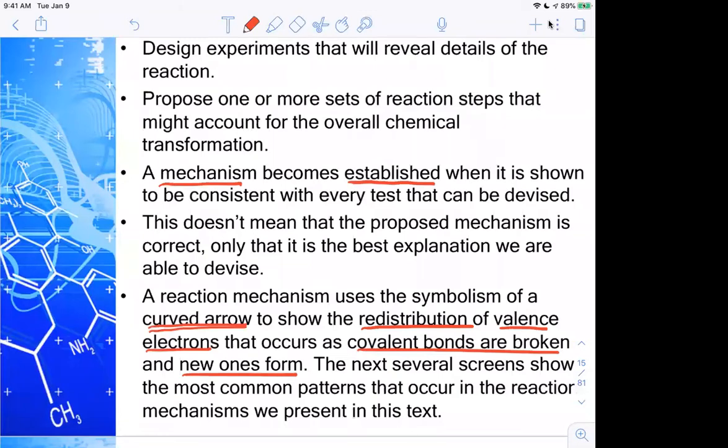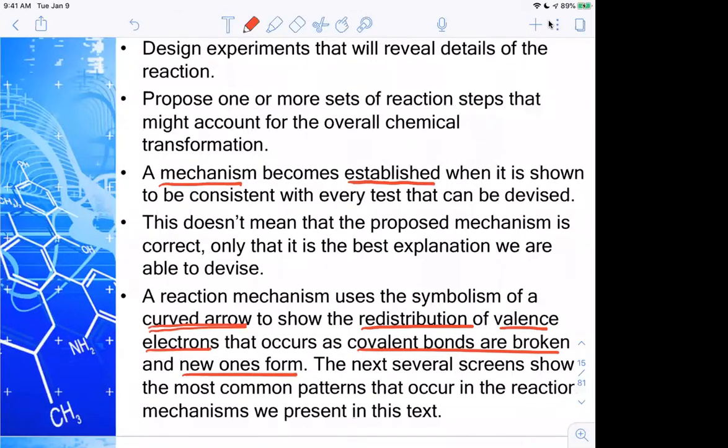In 201, I focus on it a significant amount. In organic 1 or organic 2, mechanisms are a huge part of understanding organic chemistry, because if I know the mechanism and I know the chemistry of what these compounds, these bonds are going to do, I don't have to memorize 250 reactions.